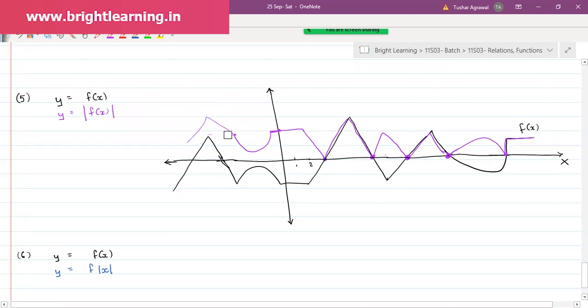Because we have studied so many transformations, we get confused. Just remember, when f of x is 0, it won't change its value in the modulus sign. When it is negative, it comes upwards, this downward. Here it is already upwards, and then here the black graph becomes negative, so its modulus will be positive. Is it okay? This purple graph is the graph of modulus of f of x.